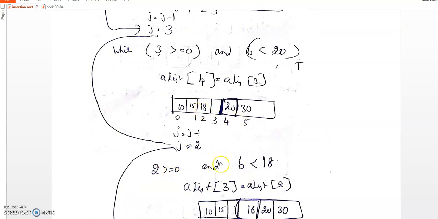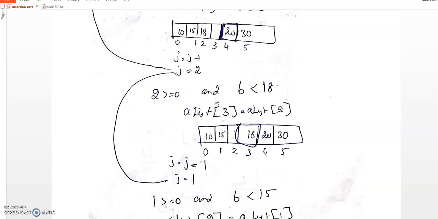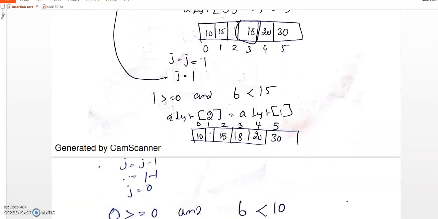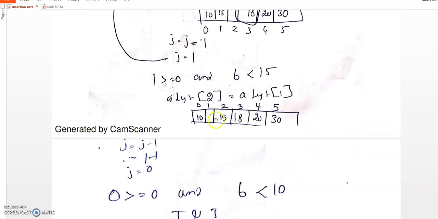The condition is also true. So 18 is swapped to the next position and j value gets decremented. In this case j value is 1. So 6 will be compared to the 15, and the case is true here also. So we will swap and j becomes 0.